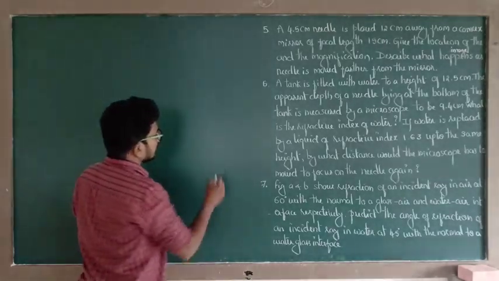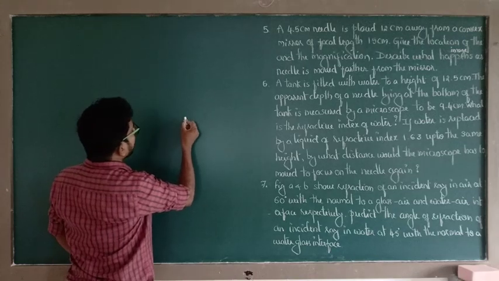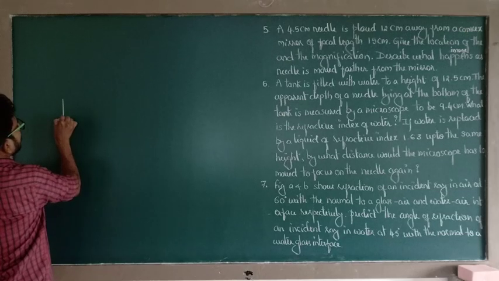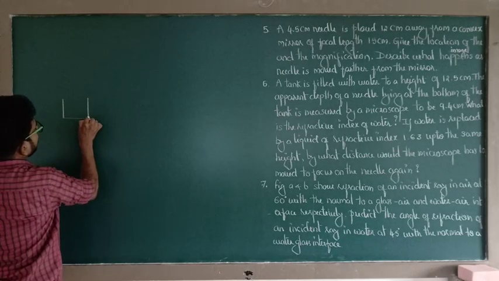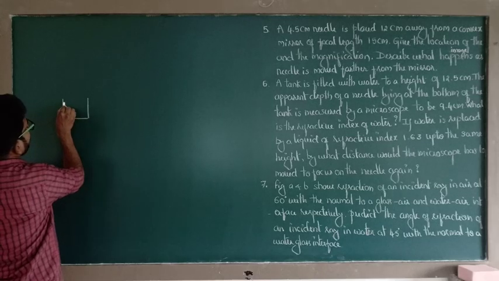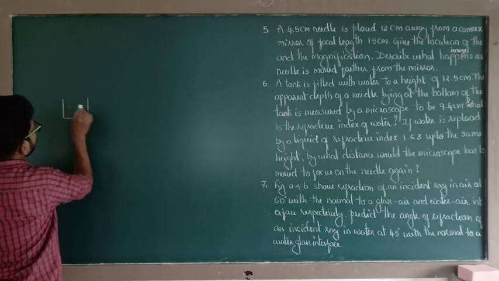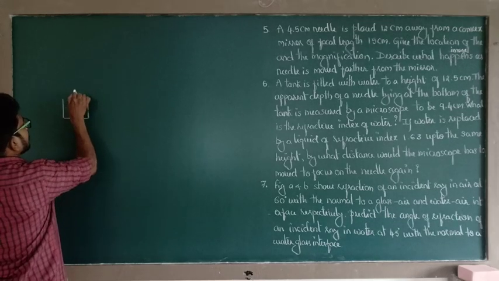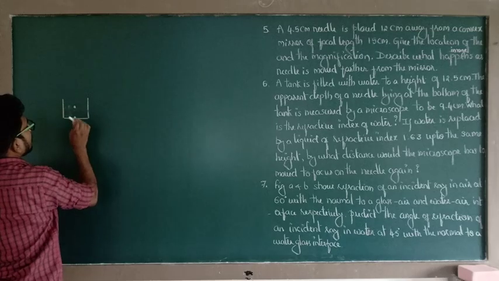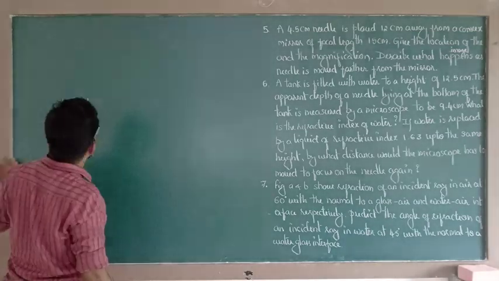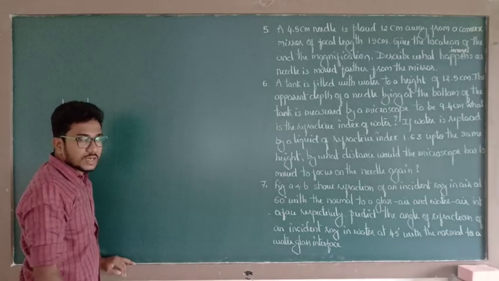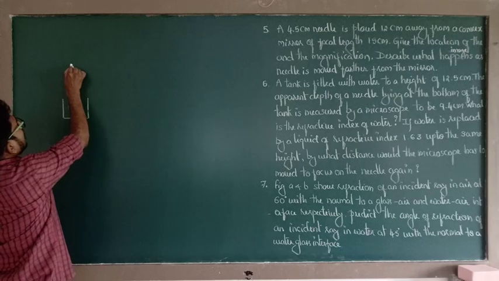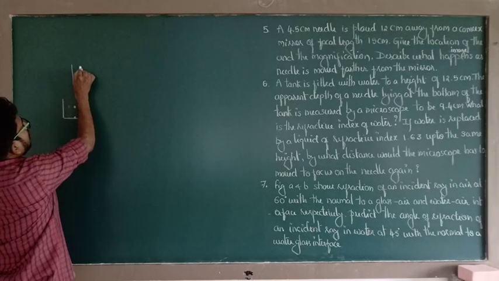So in this case, let us consider a beaker filled with water. Now the object is at the bottom and the image is at this point. The object is in a denser medium and the observer is in a rarer medium, observing through a microscope.